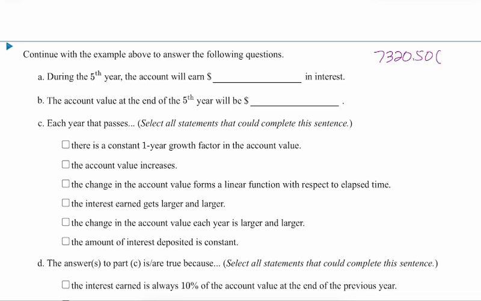We're going to multiply that by 10%, and that would be $732.05.